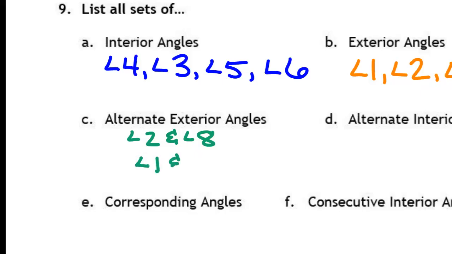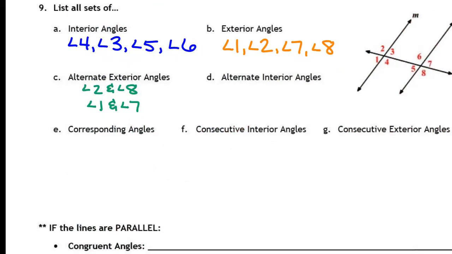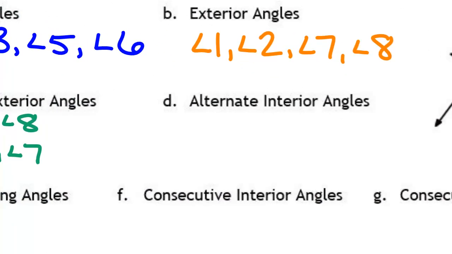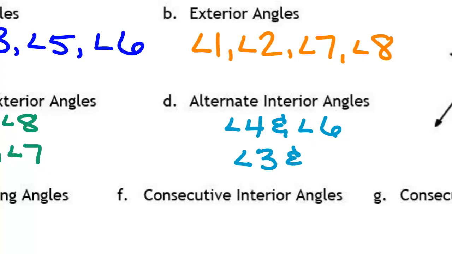Angle 1 and angle 7 are my alternate exteriors. What about my alternate interiors? Four and 6, angle 4 and angle 6. What's the other pair of alternate interiors? 3 and 5, angle 3 and angle 5.